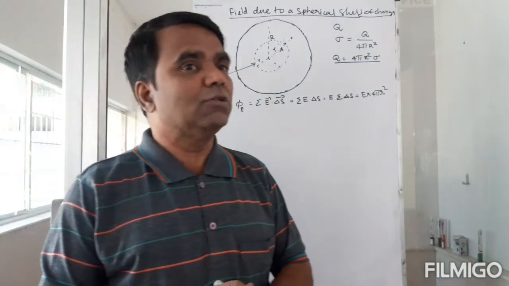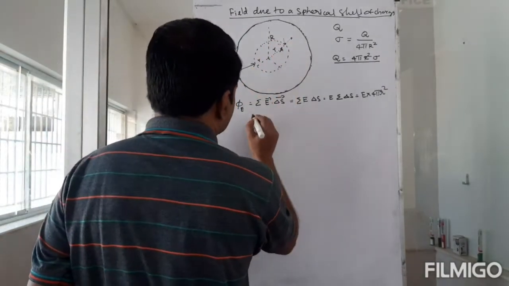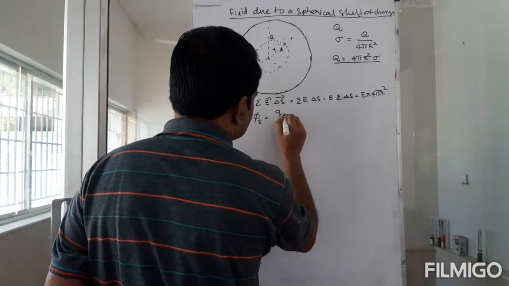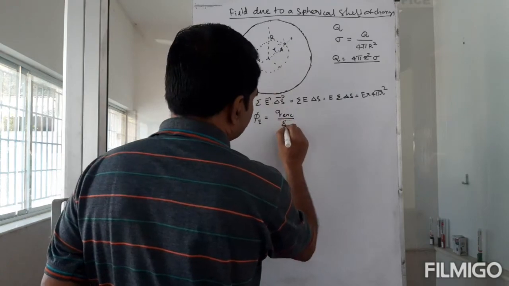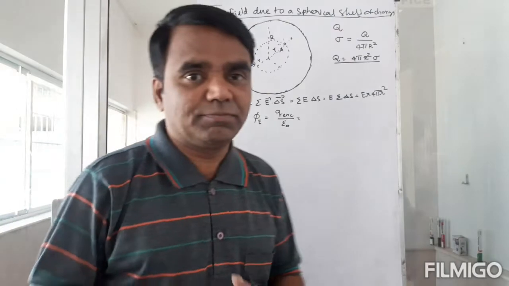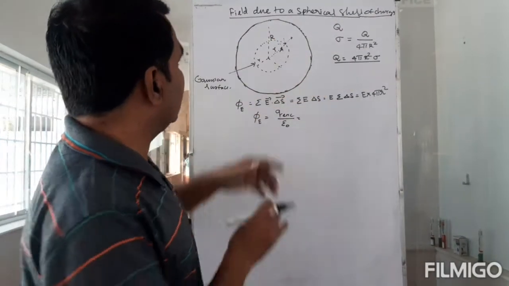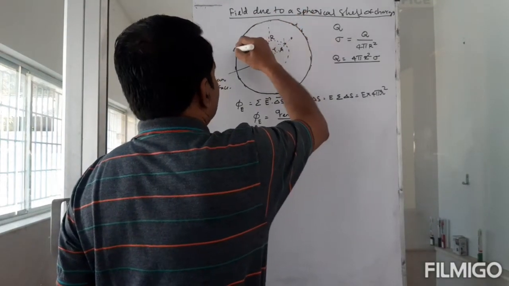Okay. So what do we know? This must be equal to the charge enclosed by the surface divided by epsilon naught. But then what's the charge enclosed by the surface? Well, I have this sphere, but all the charge is on the outside. All the charge is on this surface actually.